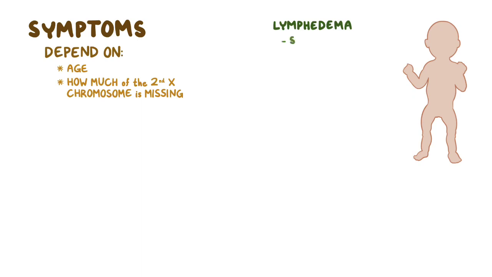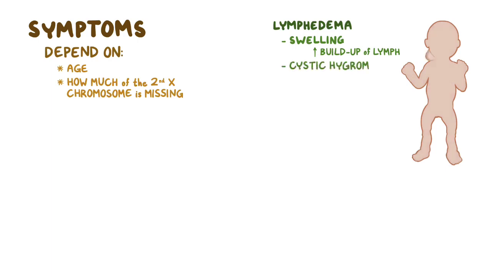Signs and symptoms of Turner syndrome vary depending on the age of the person and on how much of the second X chromosome is missing. Infants may be born with lymphedema, or swelling due to a buildup of lymph in their hands and feet. Many also have lymph-related swelling of the back of the neck, causing a cystic hygroma, which eventually decreases as they age.